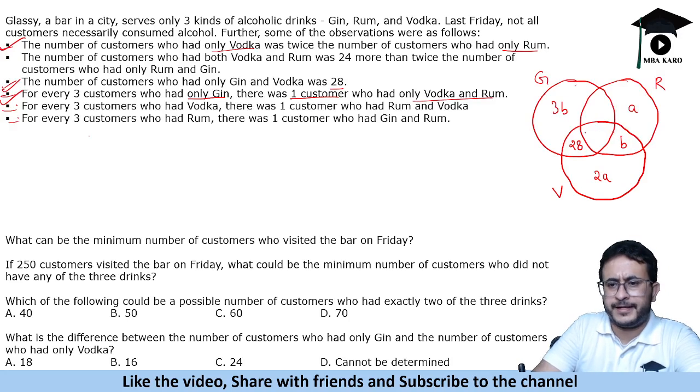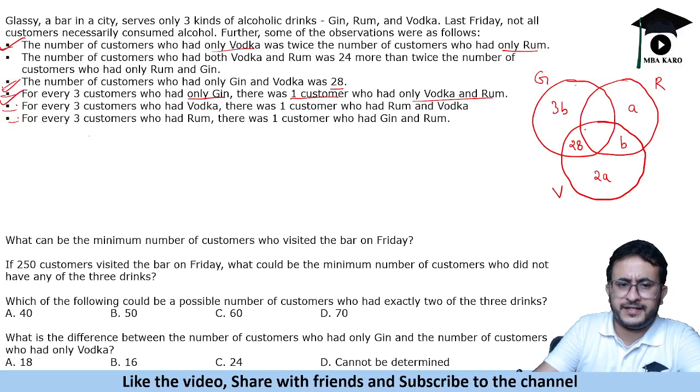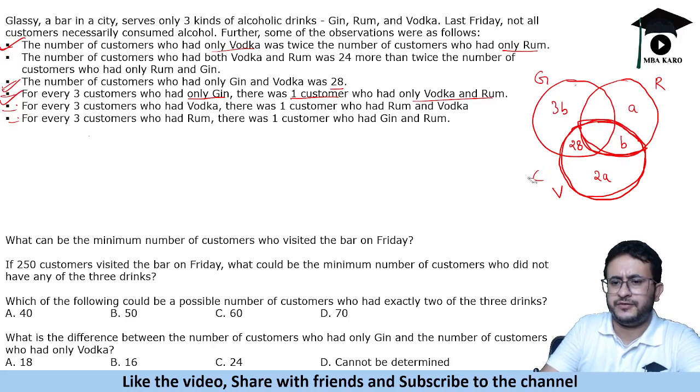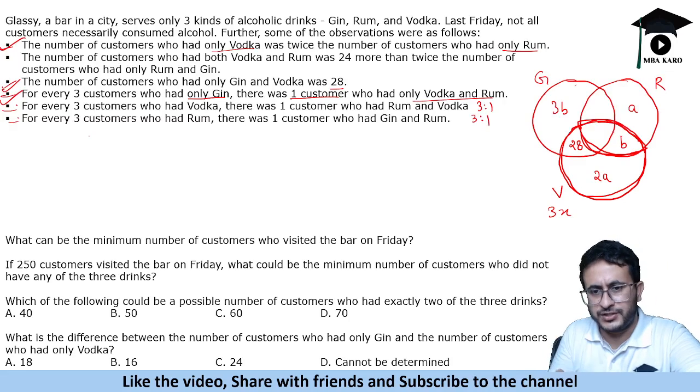Okay, and so this means that the number of people who have vodka is 3 times the number of rum and vodka. So if the total vodka is 3x, it says that for 3 customers who had vodka, the ratio should be 3:1. So this means we are doing 3:1, 3:1, same in the last 2 statements.